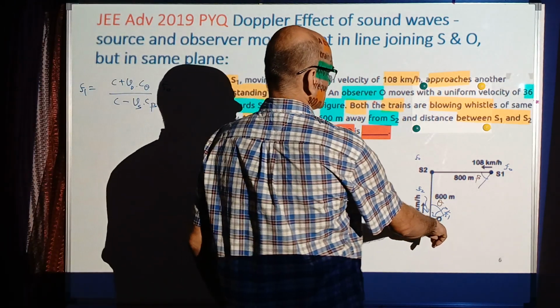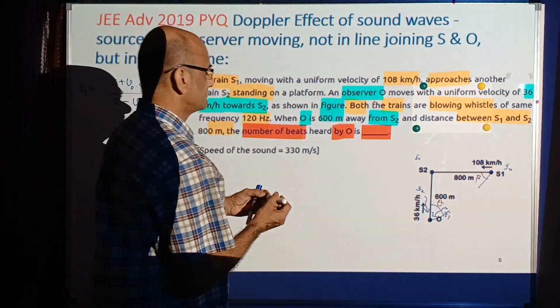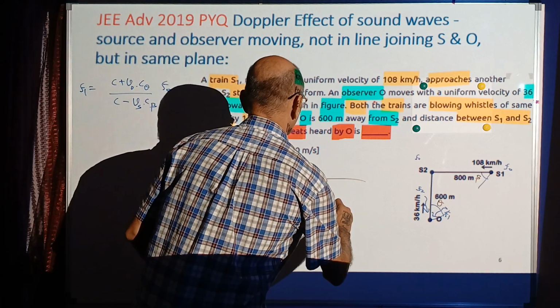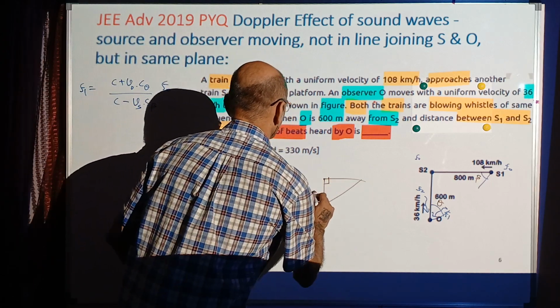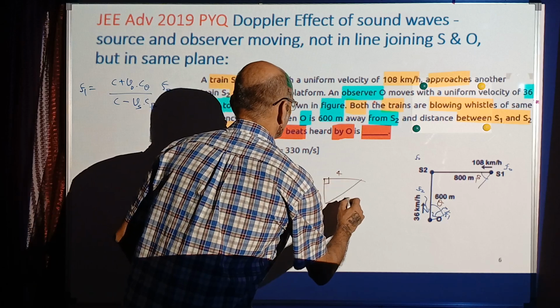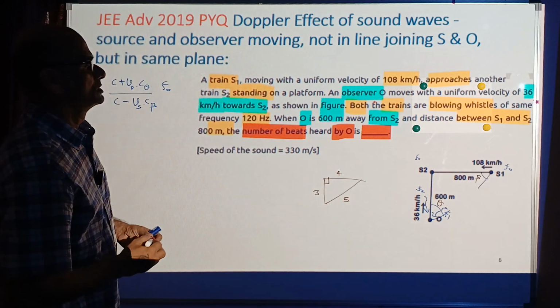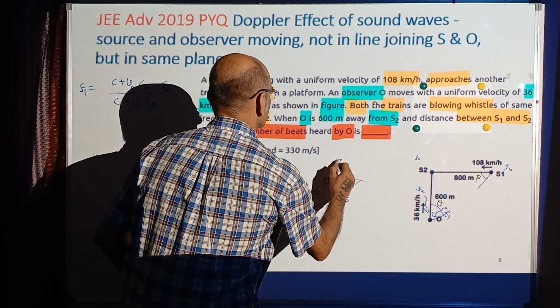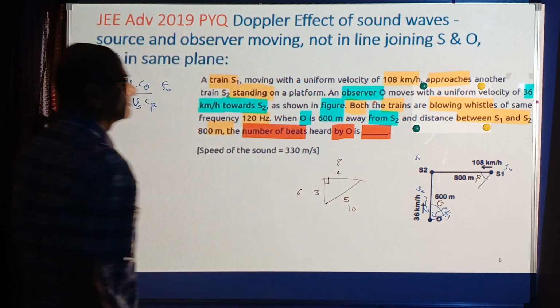And this triangle, 600, we have the standard right angle triangle, 3, 4, 5. So if I multiply this by 2, I'll get 6, 8, 10.